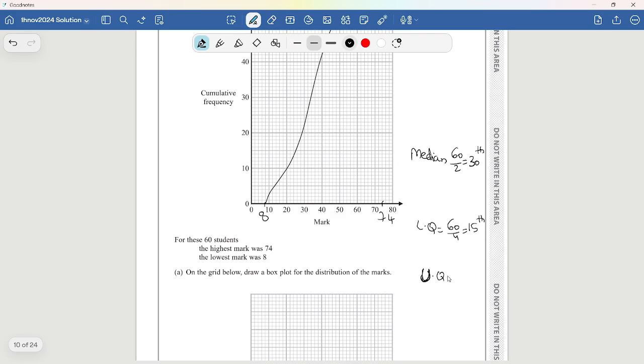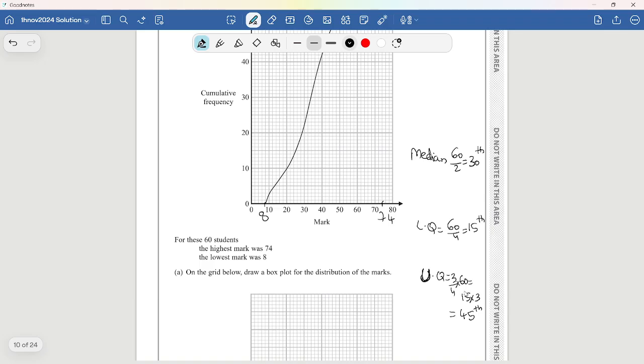Upper quartile is 3/4 of the total frequency. You just multiply 15 by 3, because 15 is the quarter of the data. So 15 times 3 is 45. The upper quartile is at the 45th position.